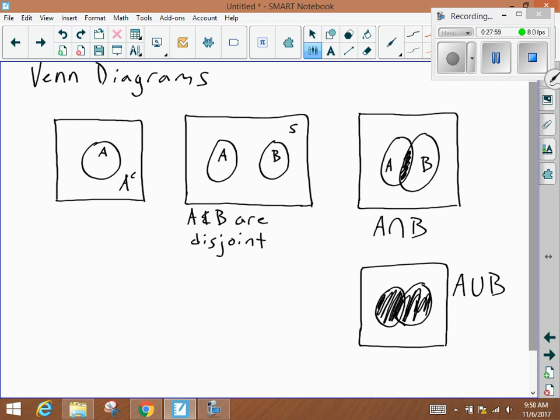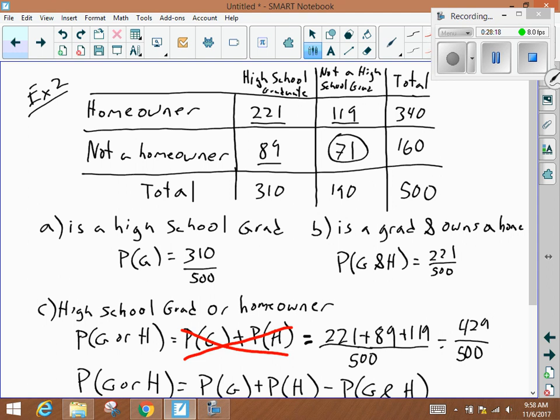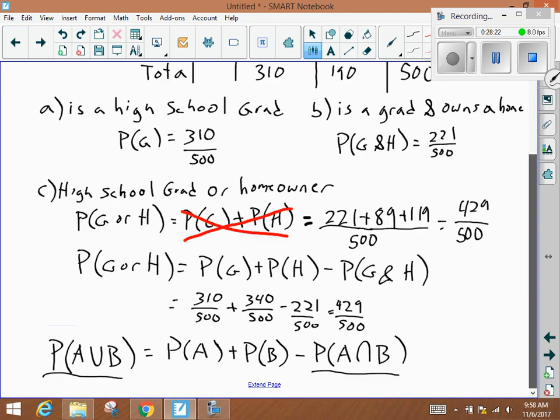So let's go ahead and look at our previous example and apply to it some Venn diagrams and some new notation.